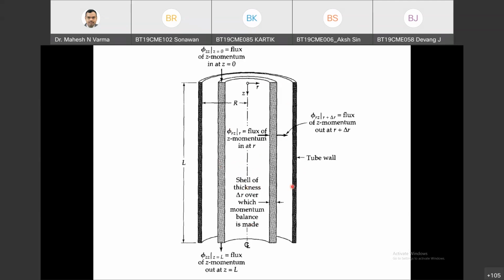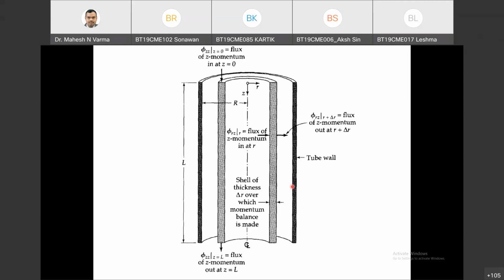Roll number 17, Leshma. Yes, sir. Total forces acting on this differential shell? Sir, force will be mass into g, acceleration due to gravity. How will we get mass? Density into volume. And how to get the volume of this differential shell?